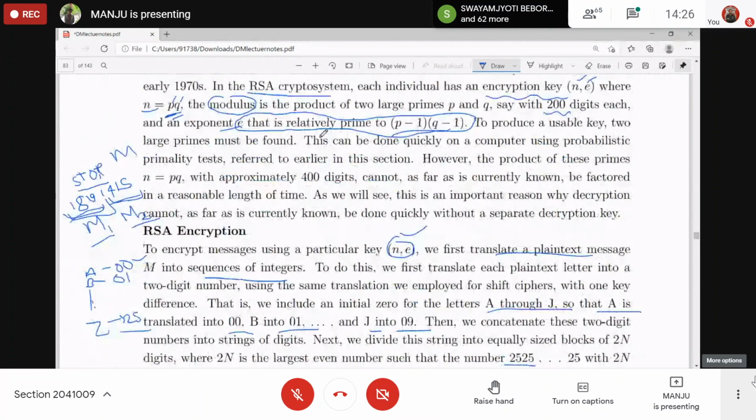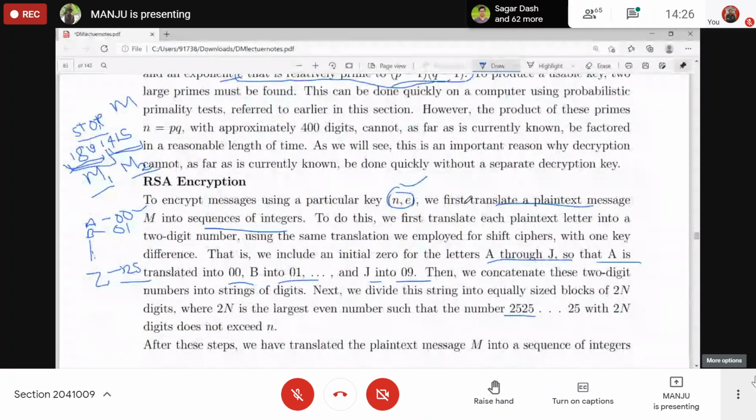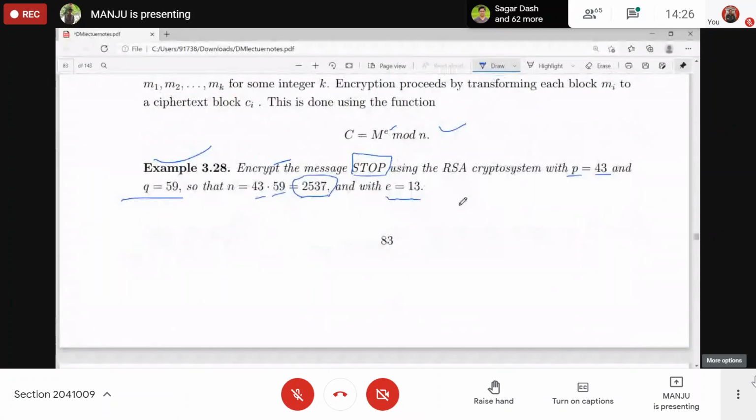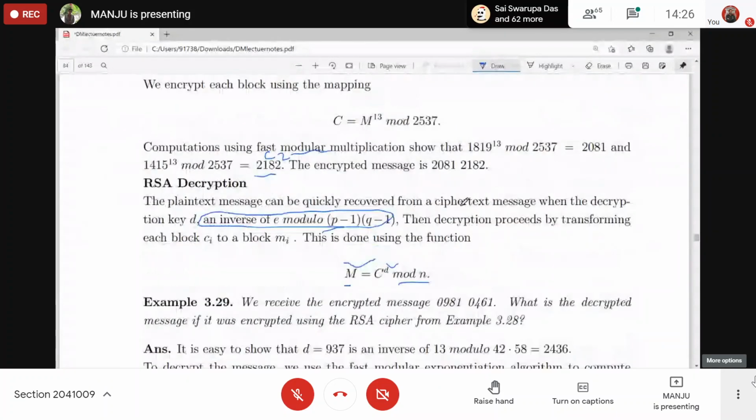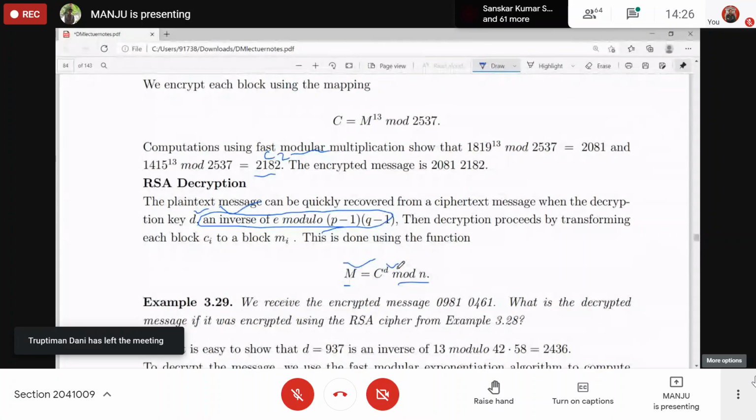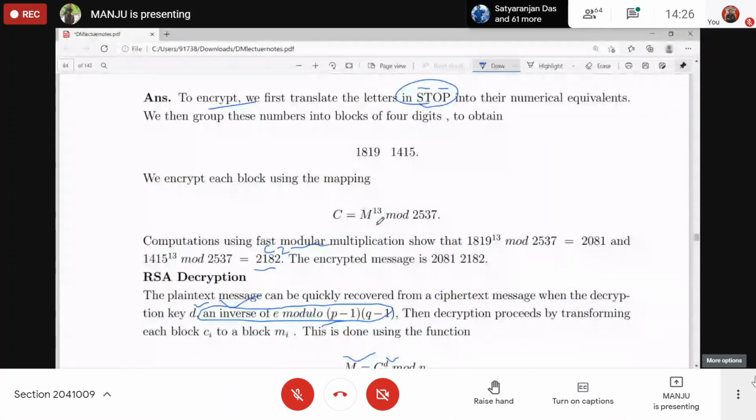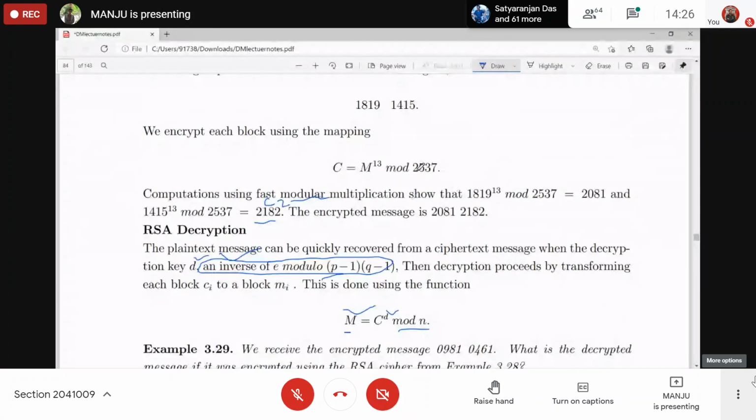So if GCD of E and (P minus 1) into (Q minus 1) is 1, then the inverse of E under modulo (P minus 1) into (Q minus 1) exists, right? So that inverse exists, we just take it as D, and we apply that on C. That's why for encryption we took M raised to power E in modulo n, and for decryption we just take C raised to power D, where D is the inverse of E. So that is the decryption.